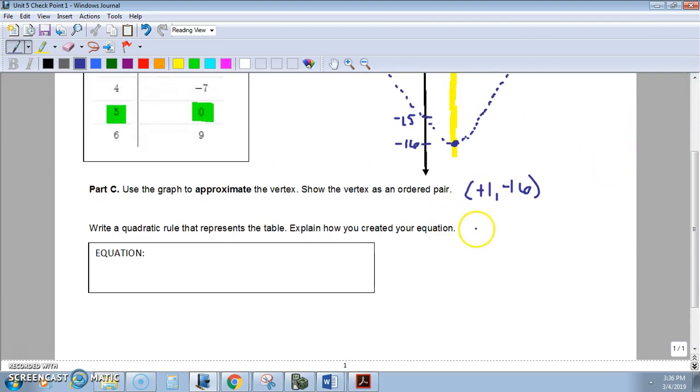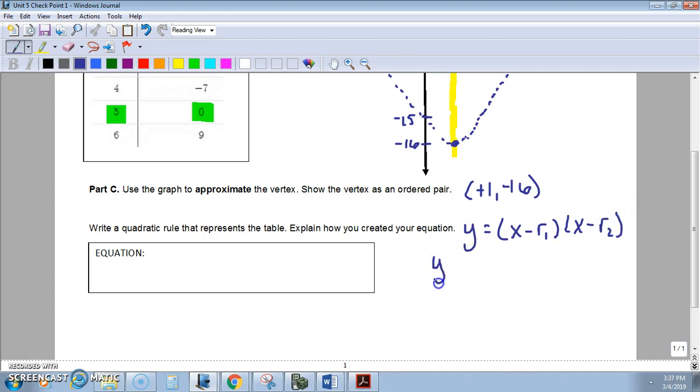So if it's not being stretched at all, we know the formula. Well, I don't know if I ever actually gave you the formula, but the formula is x minus √1, x minus √2, and that's factored form.